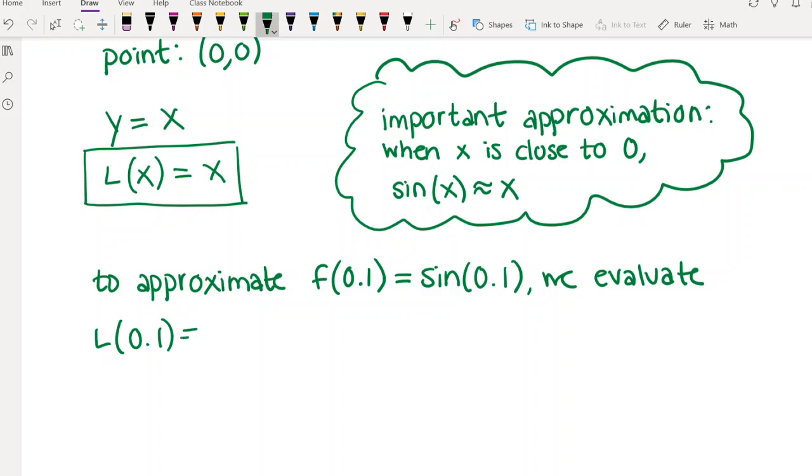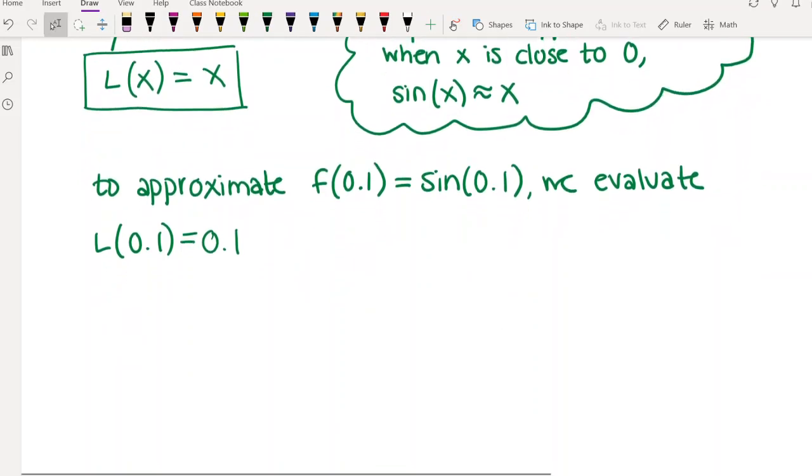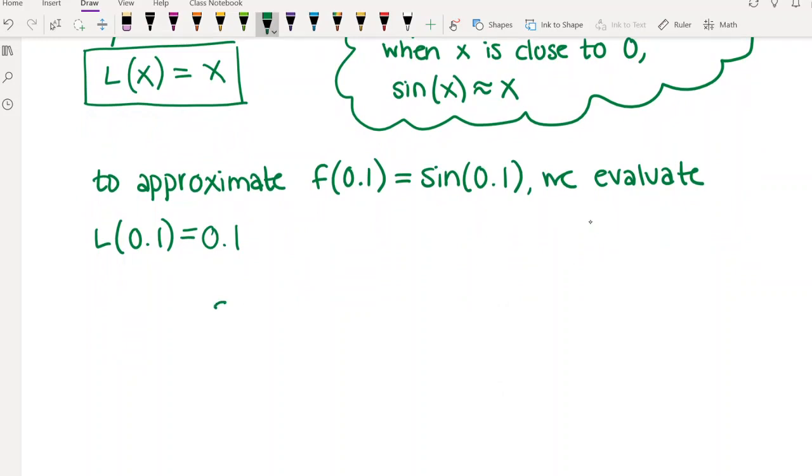And so what is L of 0.1? Well, like we just said, it's just 0.1, right? Because of how that function works. L of x is equal to x. And so what does this tell us? This tells us that sine of 0.1 is approximately equal to just 0.1.